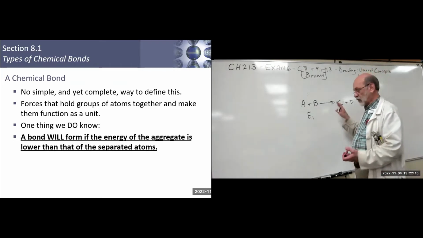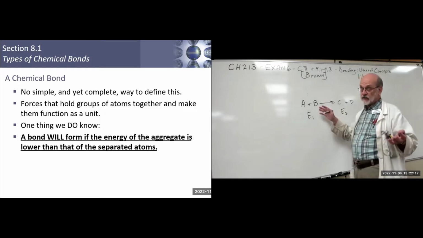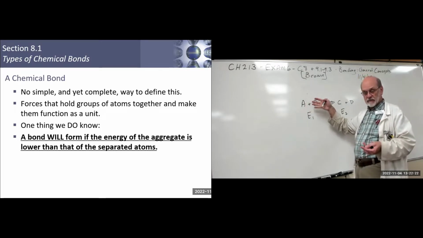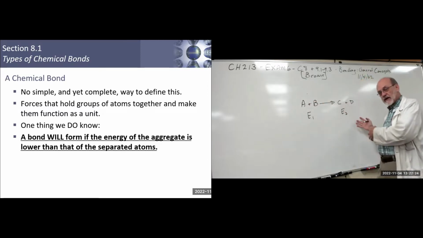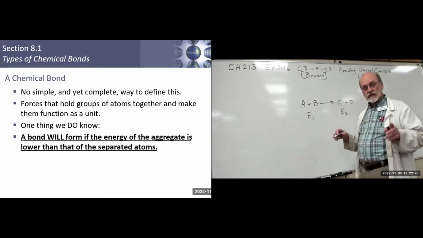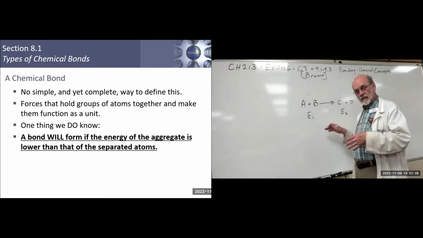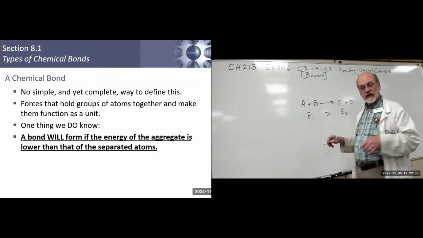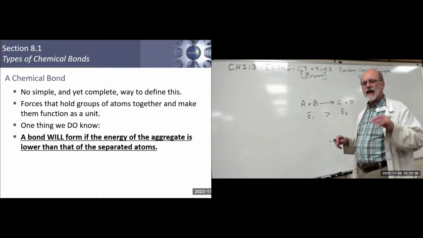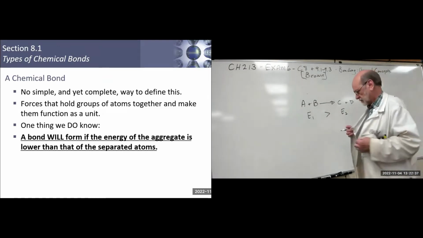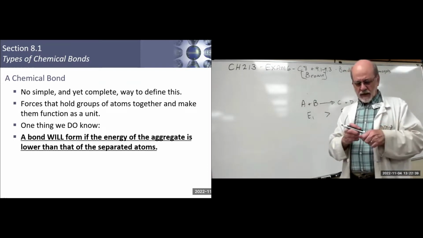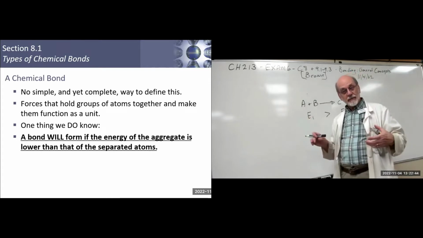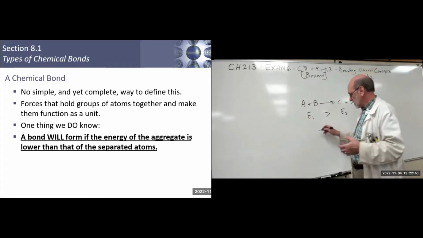Maybe the bonds are broken in this part of the reaction, and then they reform over here. But one thing we do know is that in order for them to form, the energy of the products has to be less than the energy of the reactants, generally speaking. And you can find numerous examples where that won't hold.